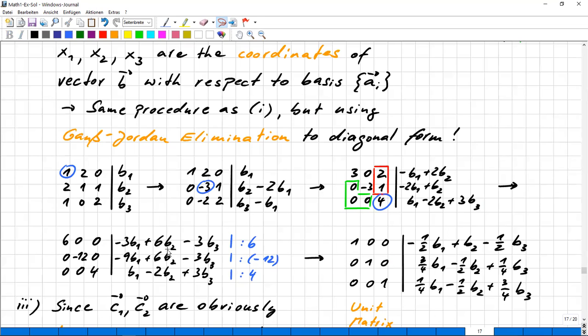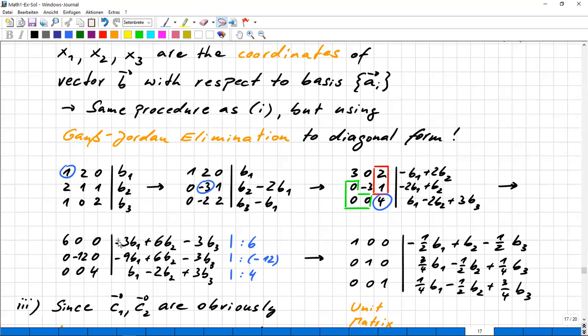You see, these two terms are equal and these two are equal by chance, by this procedure. So what do I have to do? Now you see this is diagonal form, but we want, even better, we want the unit matrix to be placed here. So that's easy. We just divide the whole row by 6, this one by minus 12, and this one by 4. That's what I've done. And then I get rational coefficients with the b's, but it's not so tragic.